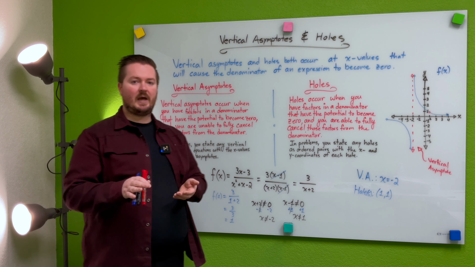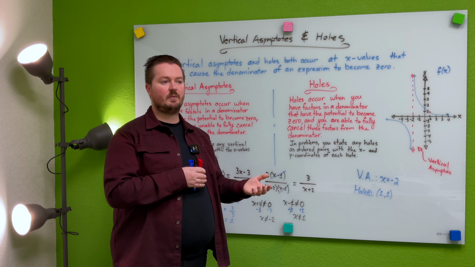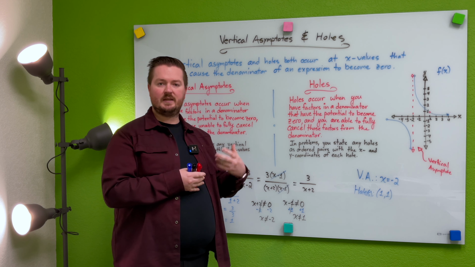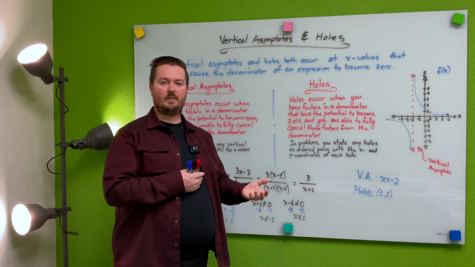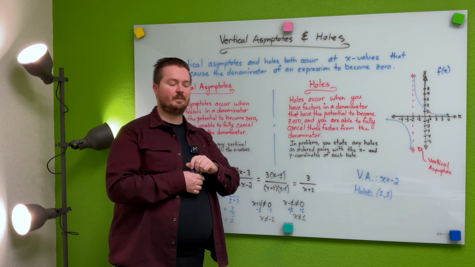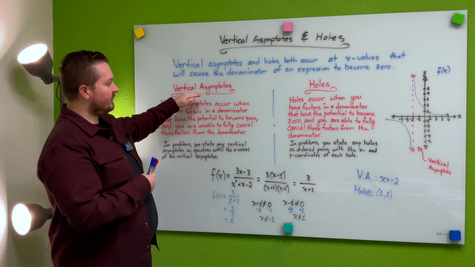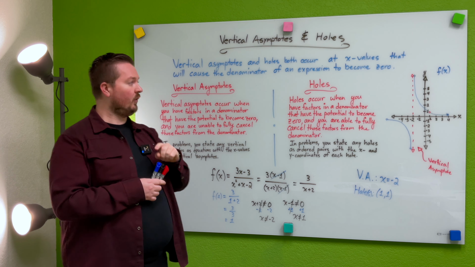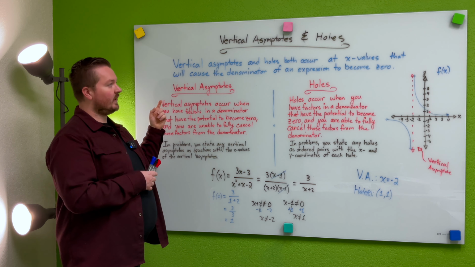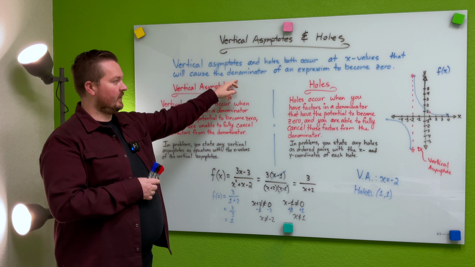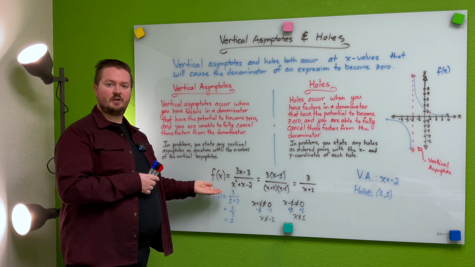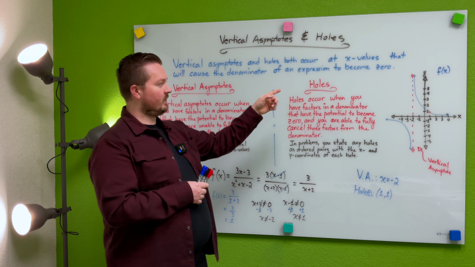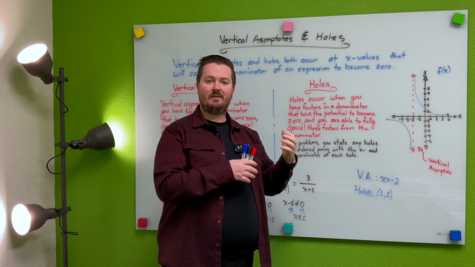Now, just a quick recap, because this idea, many people can process it, but then there's a lot of information to remember. So I want to just recap one more time. Vertical asymptotes and holes have one thing in common. They both occur at x values that would cause the denominator of some expression or function to become 0. That's what they have in common.